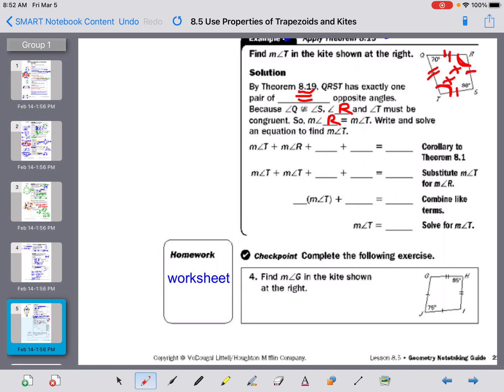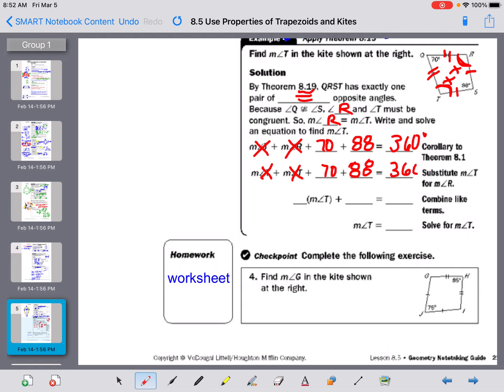What do all angles in a quadrilateral add up to? 360. So my T and my R are X and X, and I can add my 70 and my 88 for the other two. I probably could have written the names, which is probably what they wanted.